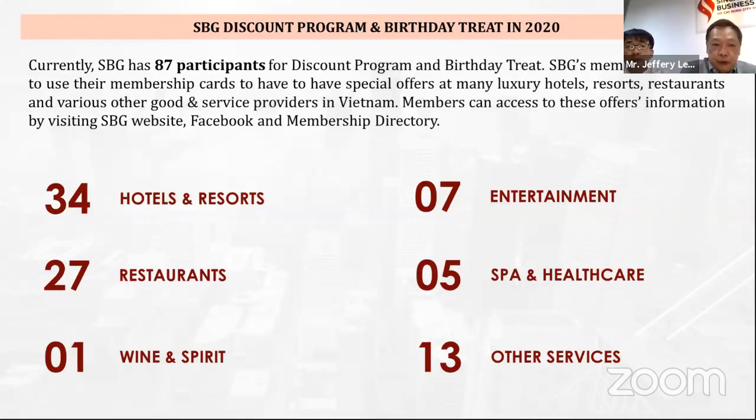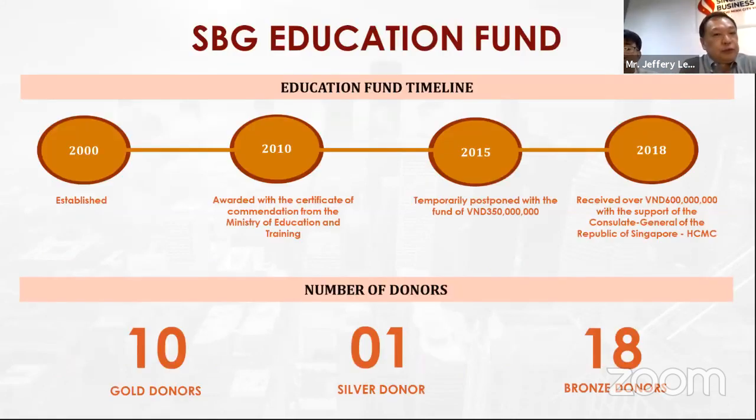So members can access these offers by visiting our website, our Facebook, and also referring to our physical membership directory. So please let us know if you have any suggestions or recommendations for us to extend our discount program. So we also have birthday treats. Please remember that.